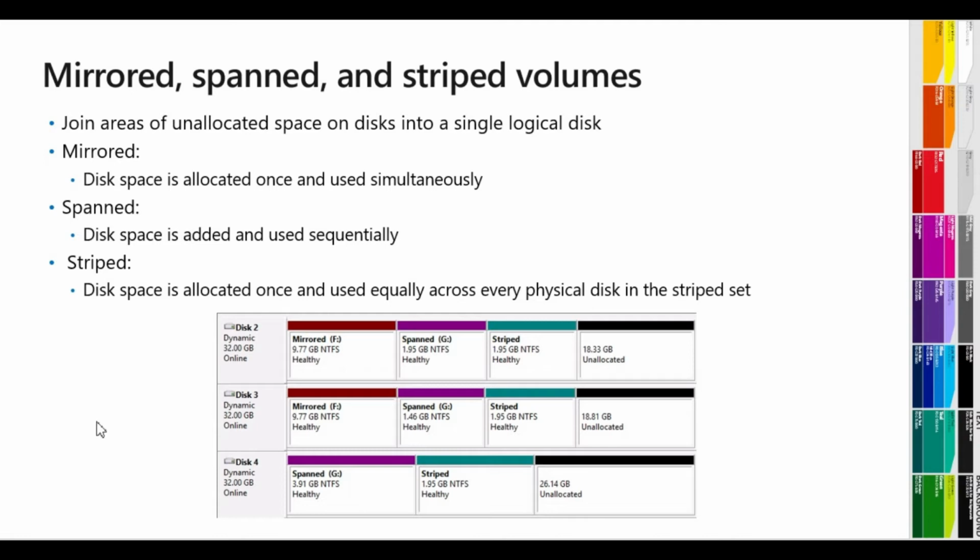It is the same kind of space you can create in multiple disks. You may need this in many different scenarios, but from here mirror disk is important because it is like a backup. If one disk is down, another disk is useful. So it has many different options, but mirrored disk is the important one.